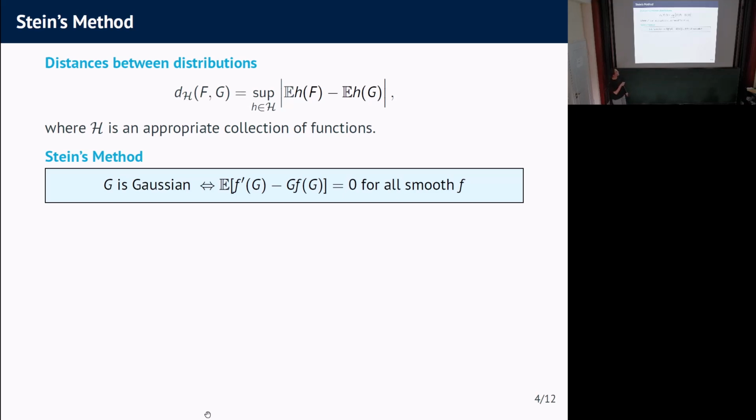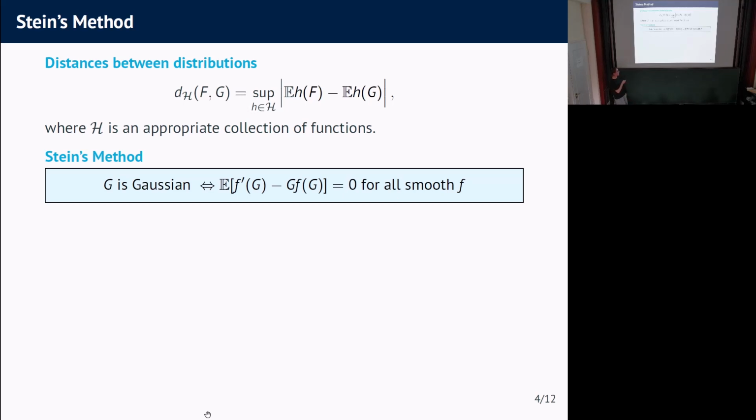And in fact, it's not that hard to see, because if g is Gaussian, then you can rewrite this as the integral against the Gaussian density, and then it's really just integration by parts to see that this is actually 0. And the other way around, if this is true for a large collection of functions, you plug in some nice functions that give you some information about the characteristic function of g, and so you can deduce that g is Gaussian. So the fact that g is Gaussian can be determined by some characteristic expression.